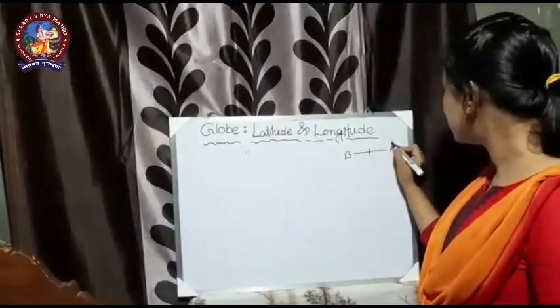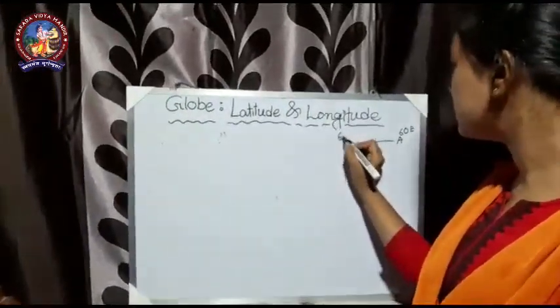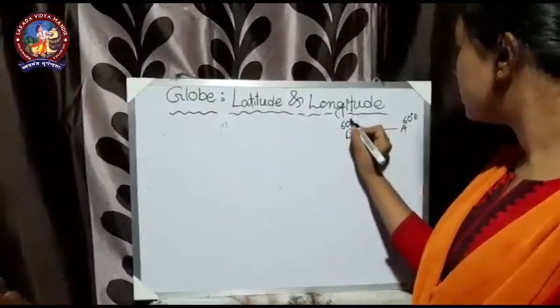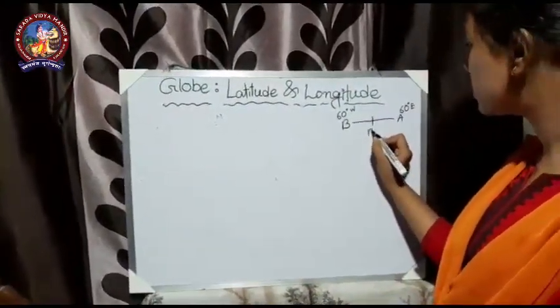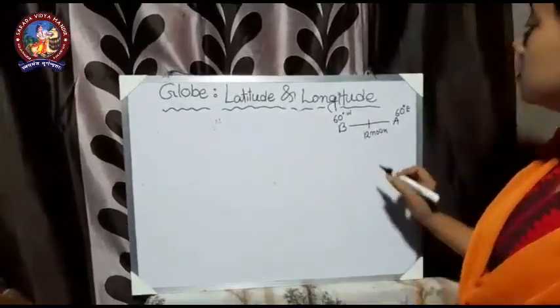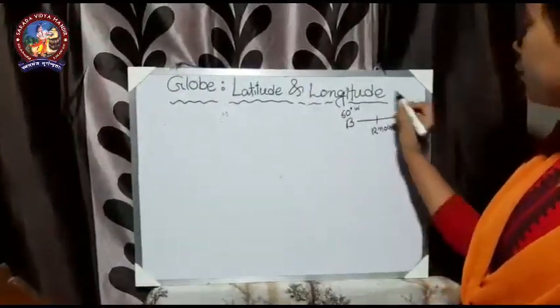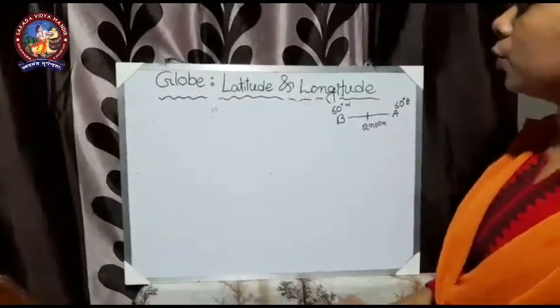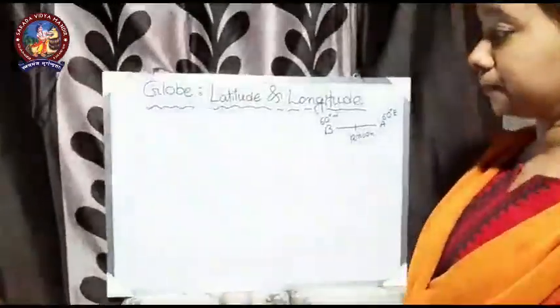A is at 60 degree east and B is at 60 degree west. The time of Greenwich is 12 noon. So we'll have to find out the time of place A and place B. Before finding it, we need to know 1 degree is considered as how many minutes.